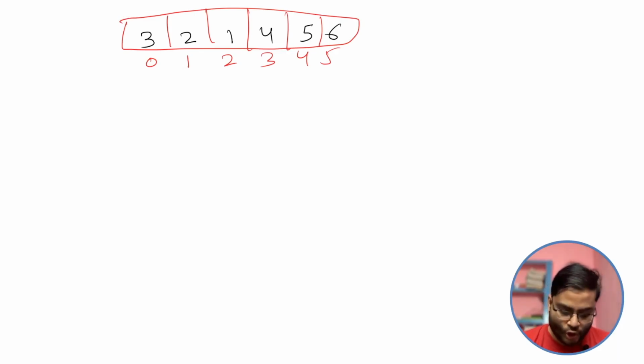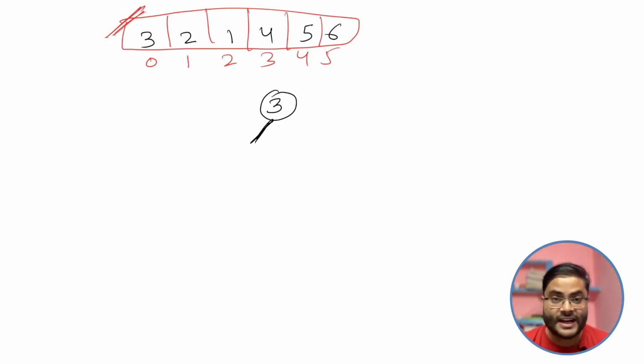Now, if I want to draw a complete binary tree of this array, how can we draw that? So we have 3 at the root, right? So in the left we start filling. So in the left 2 will come. In the right 1 will come.